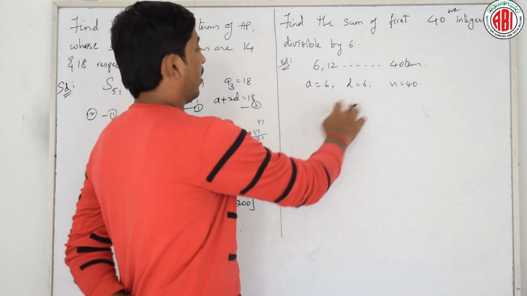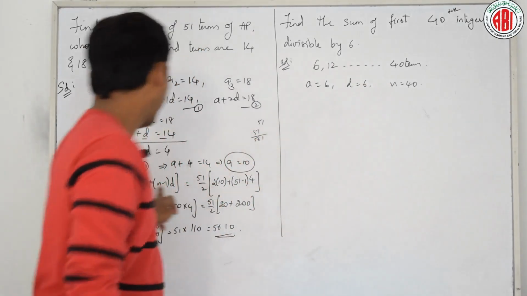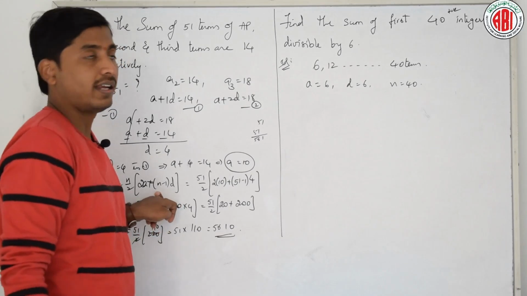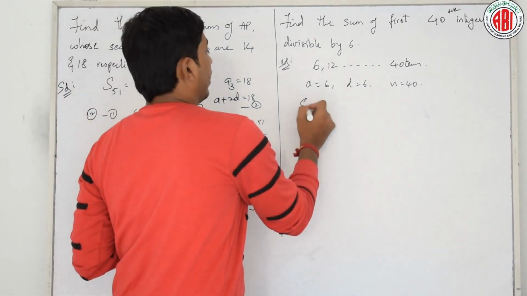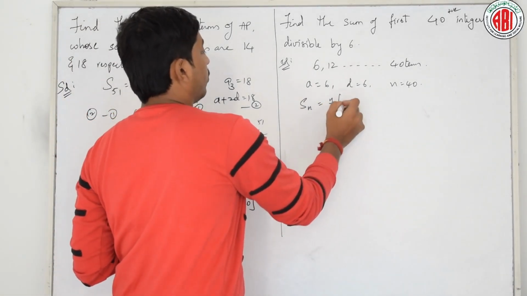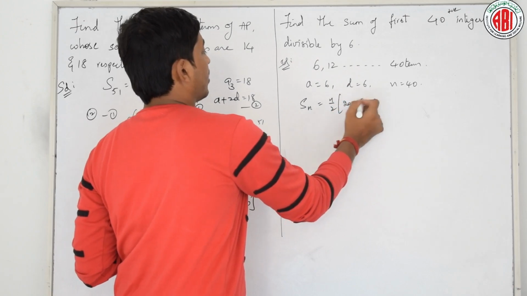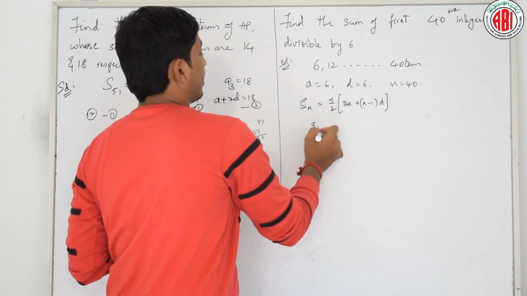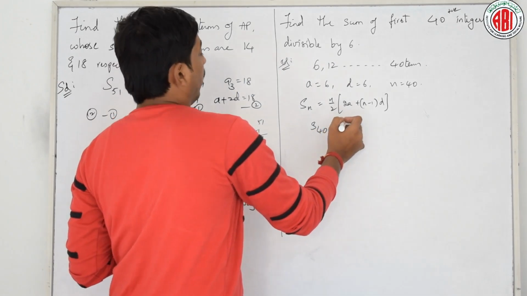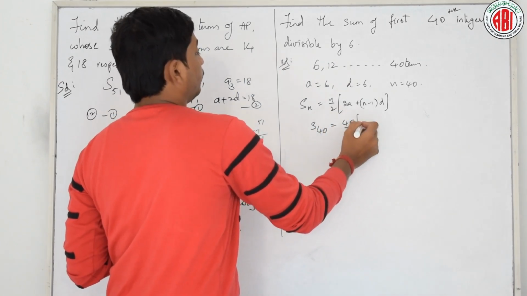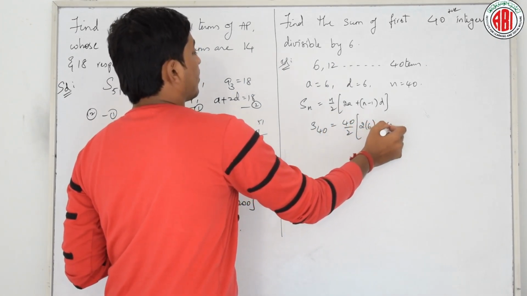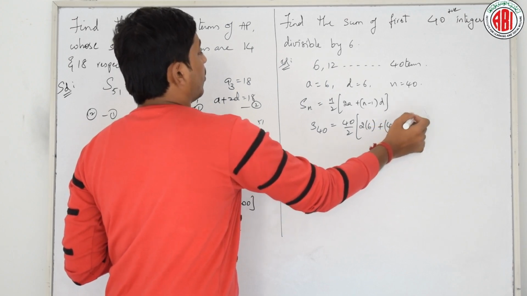I got A, I got D, I got N. Can I substitute and write it in this formula? Yes, just do it. Sn is n by 2 into 2A plus n minus 1 into D. That is S40 is 40 by 2 into 2 into 6 plus 40 minus 1 into 6.